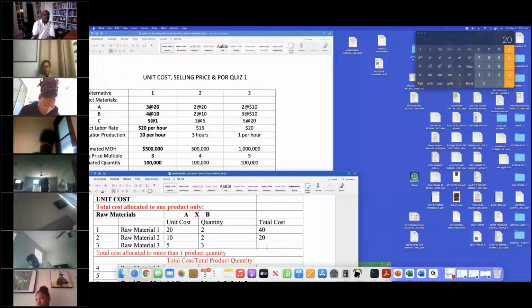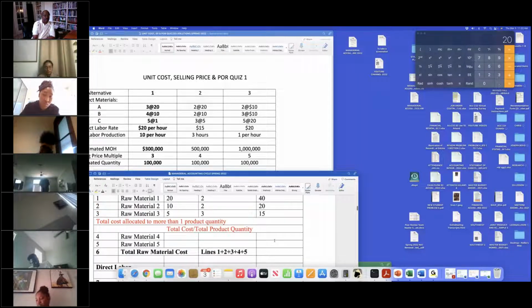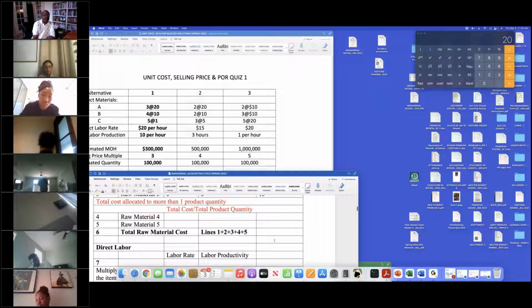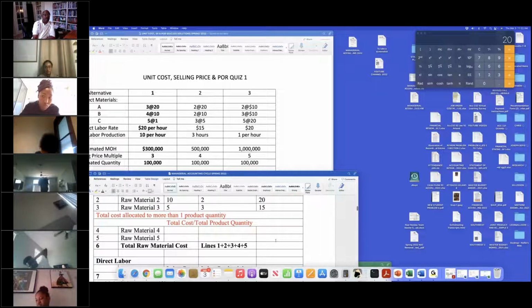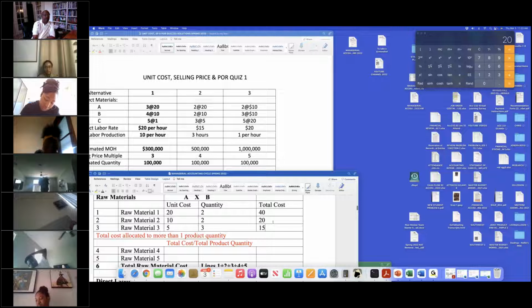Now what's the situation on the labor in this situation? We multiply rate times product. So this, how much is our total raw material cost? 75. That's our total raw material cost of 75.